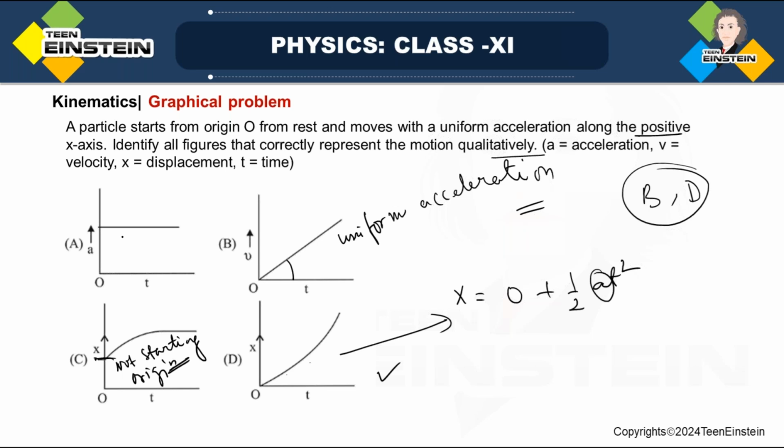Now look at this one, the a-t curve. So a is actually not changing with time. So this is also representing uniformly accelerated motion.